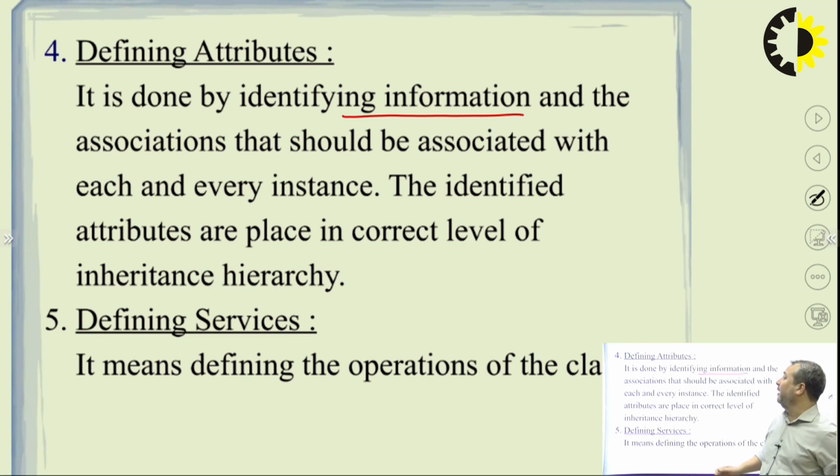Association means relationship: how an object is associated with another object. Defining attributes is done by identifying information and associations that should be associated with each and every instance. The identified attributes are placed at the correct level of the inheritance hierarchy. Then defining services. So these are the five steps in the method. It means defining the operations of the classes.